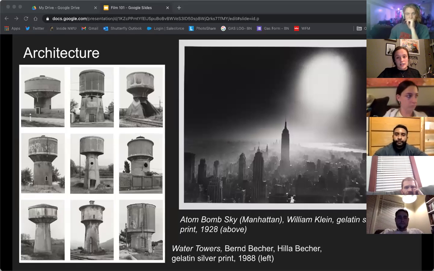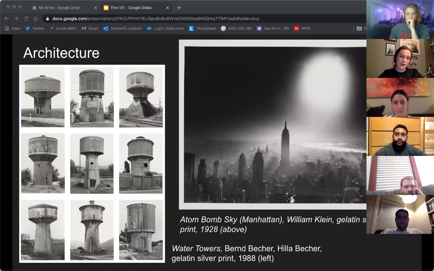Then moving on to architecture, we have on the left-hand side some photos of some water towers. A lot of the times when people think of architecture photography, it's just walking around and taking photos of buildings, which you can do. That's totally fine. But I wanted to bring two examples of things that we wouldn't commonly think of.